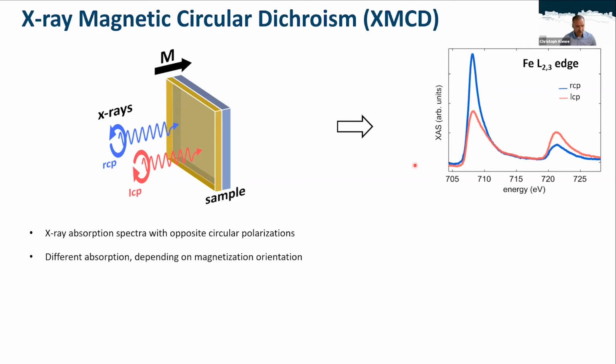And these differences in the absorption for the different circular polarizations is what gives us the magnetic moment.